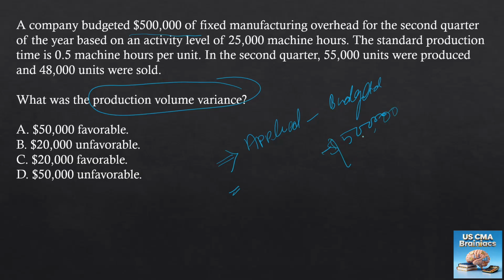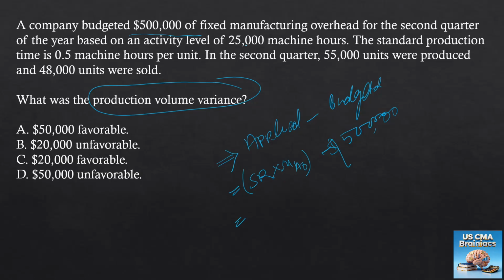Then applied. Is there anything directly related to applied? No. So we just write the standard rate times the standard hours for actual output. We need to find the standard rate based on the activity level, 25,000 machine hours, the standard production, same as the last week's part we solved.